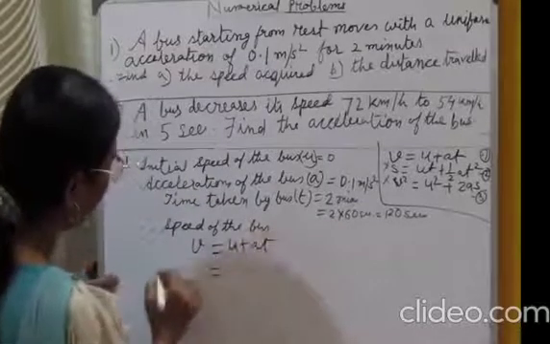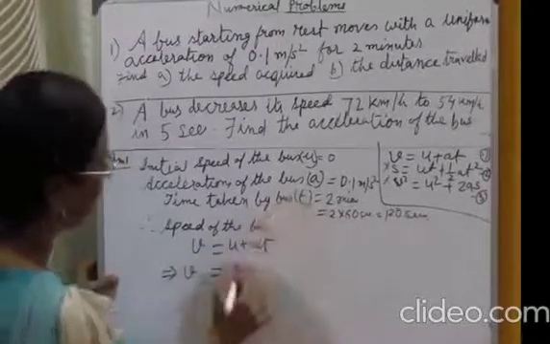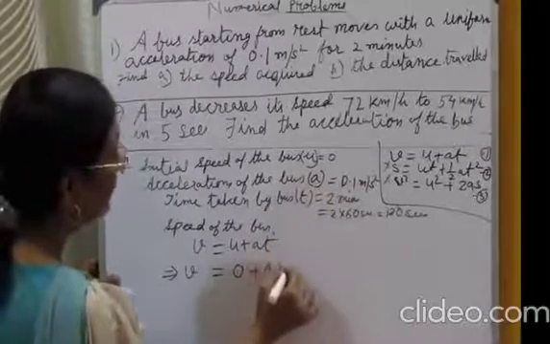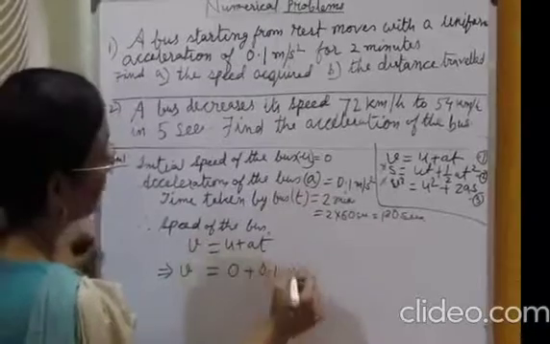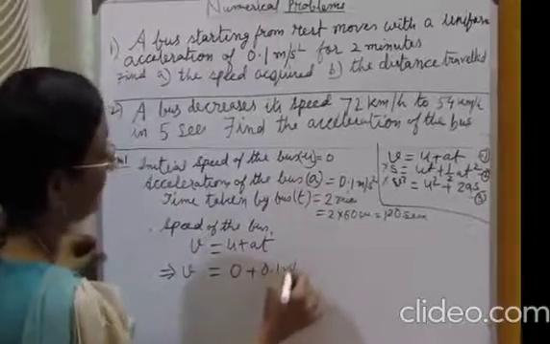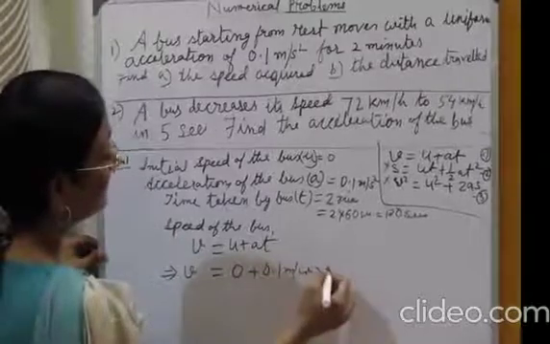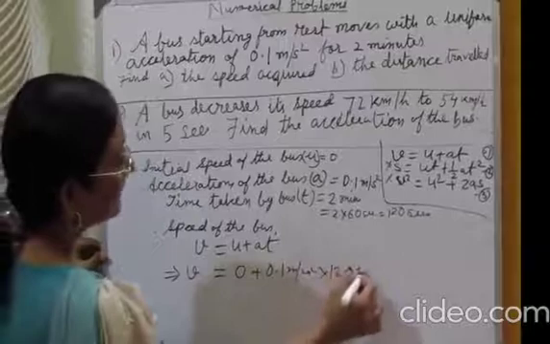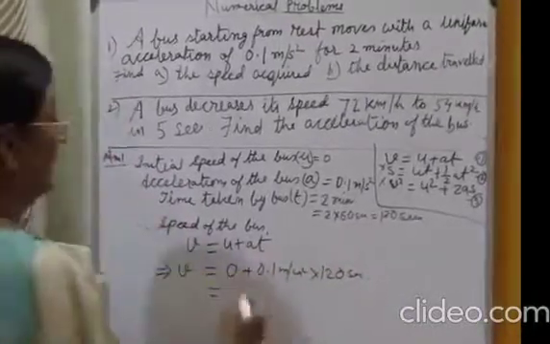Now put the data. v equals u, which is 0, plus a, which is 0.1 meter per second square, into time 120 seconds.